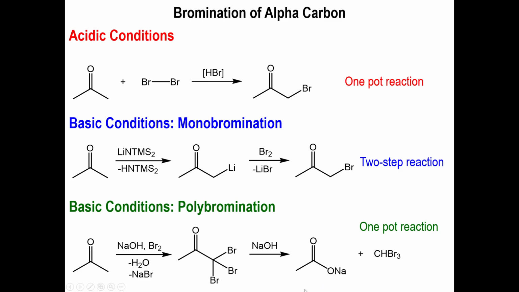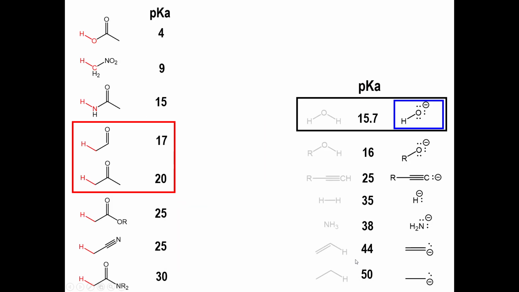So I'm basically going to walk you through how that whole thing happens. And the tribromomethyl group ultimately becomes tribromomethane, also known as bromoform. So this is all done in one pot reaction.